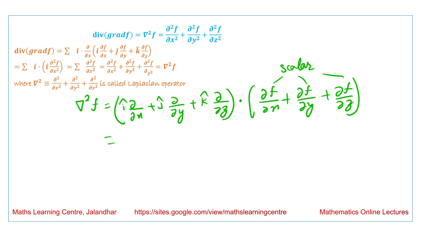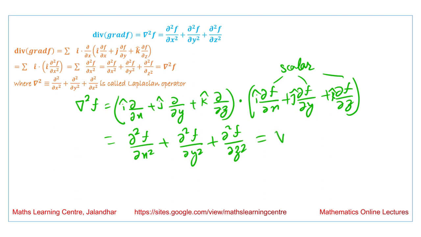So when we do the dot product, it is i, j and k. We obtain ∂²f/∂x² plus ∂²f/∂y² plus ∂²f/∂z², and this del square operator is called the Laplacian operator.